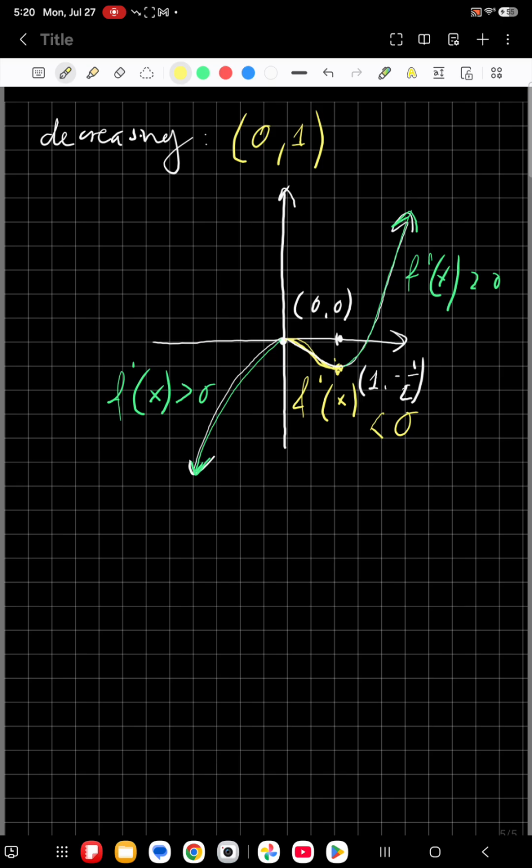Yeah, so let me maybe summarize this whole process, so guidelines. The first step was to take a derivative.